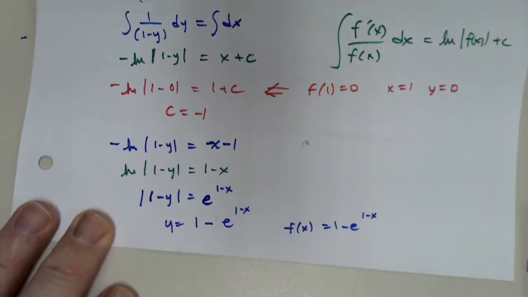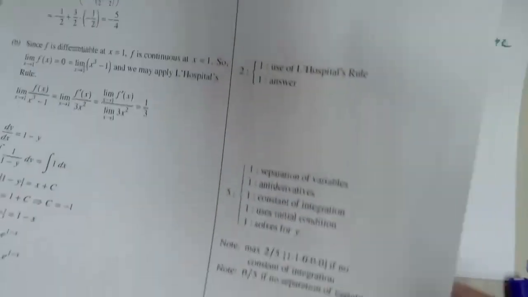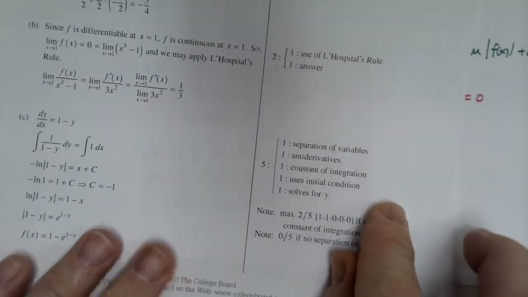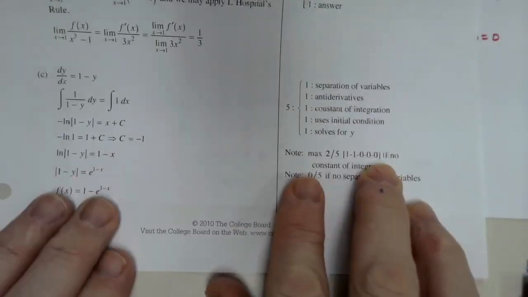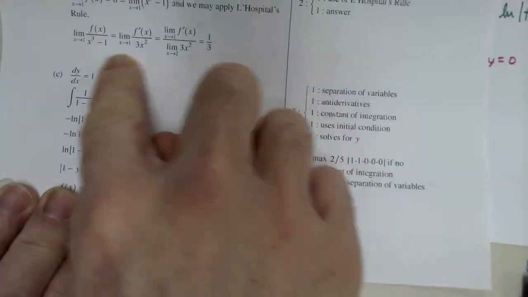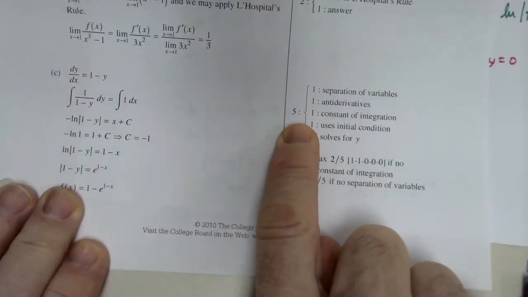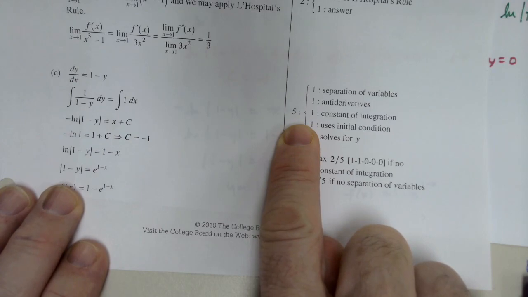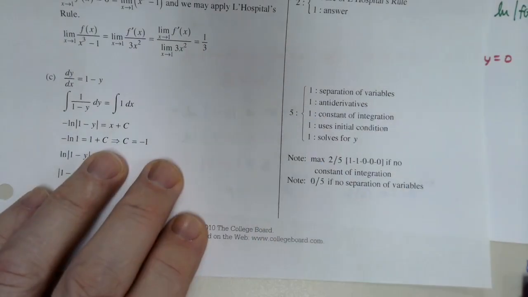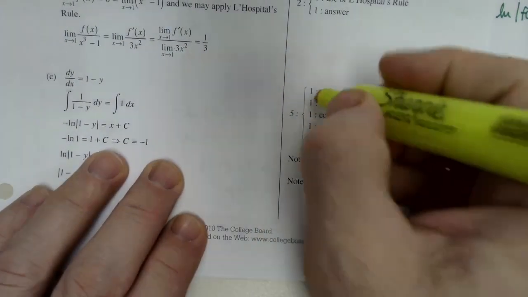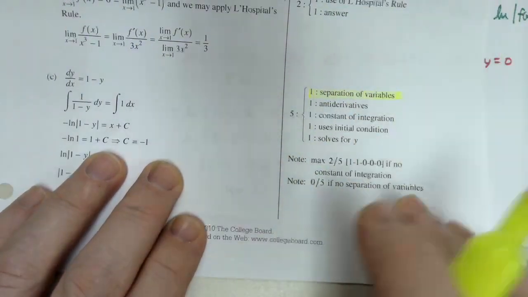Okay? So that is a nice little example of something you did before, and then I want to reiterate to you. I'm going to show you the grading on this one to make sure you understand. On the AP exam, this question is worth 5 out of 10 points. The first point is separating the variables.